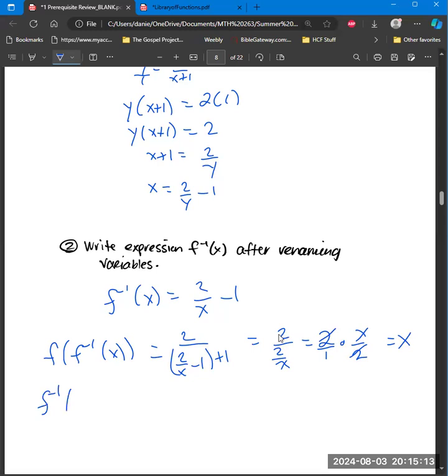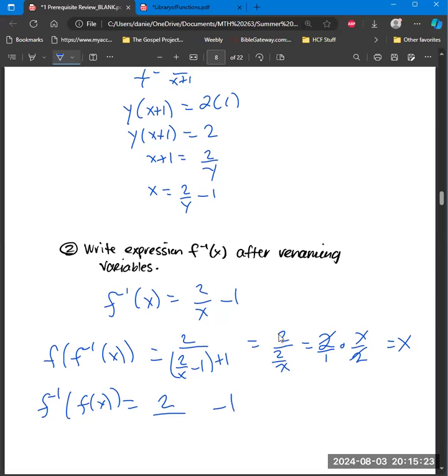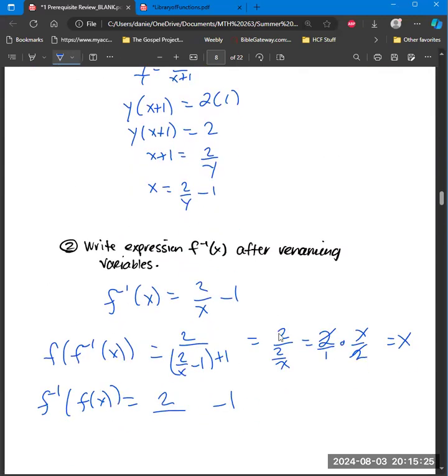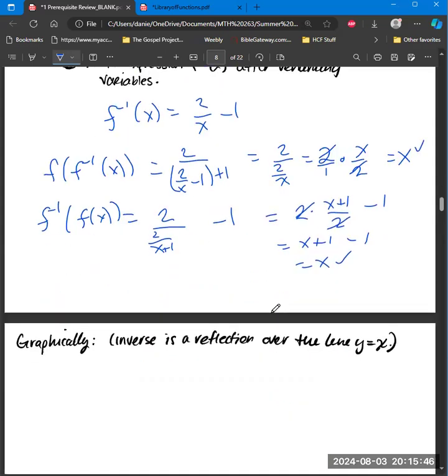And f inverse of f of x is equal to 2 over (2 over x plus 1) minus 1, which is equal to 2 times x plus 1 over 2 minus 1, which is x plus 1 minus 1, which is equal to x. And so both are true, so they are legitimate inverses of one another.